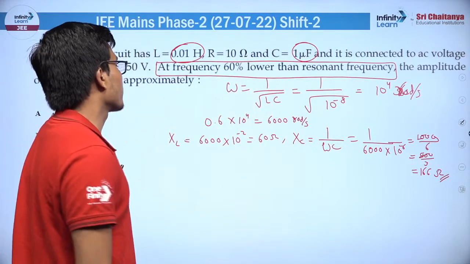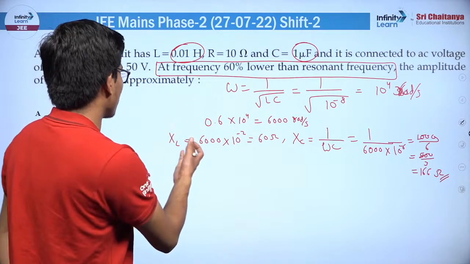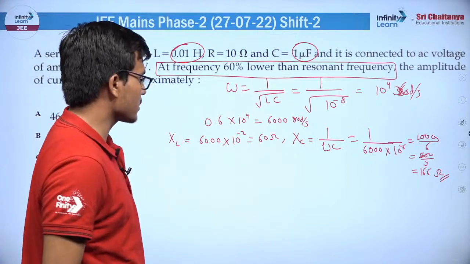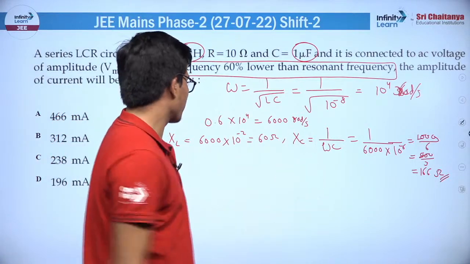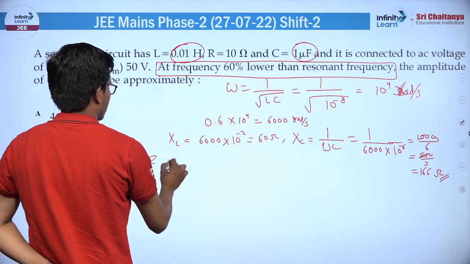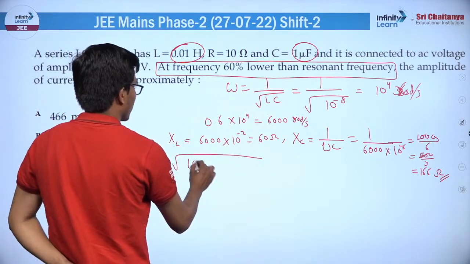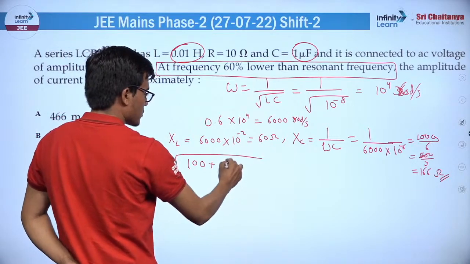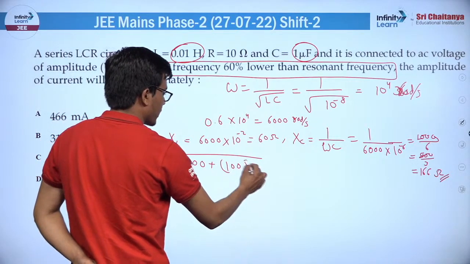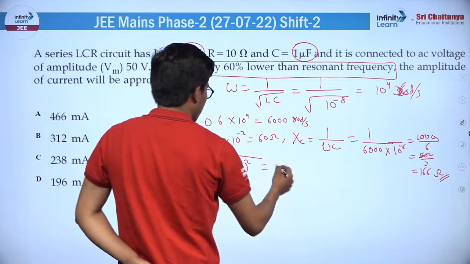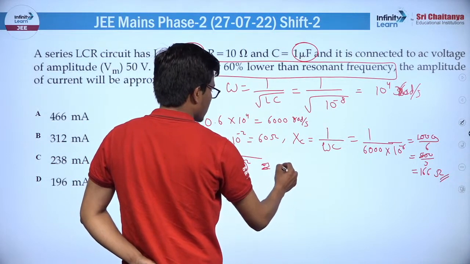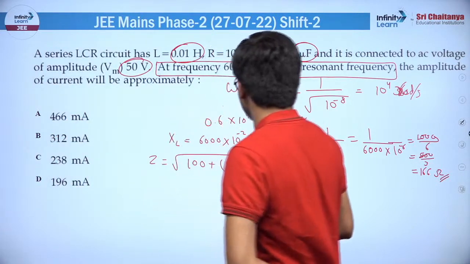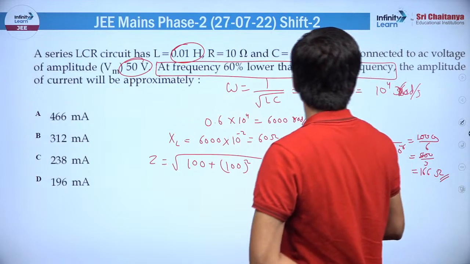I hope we are not making any calculation mistake here. 6000 was the omega, alright, and C is 10 to the power minus 6, so it is 10 to the power 3, yeah. So this is XC, this is XL, so what we can do is root of R square plus XL minus XC whole square. If we subtract this, we will again have approximately 100, its square is 10,000, so its answer will also be approximately 100, right. So if you divide this by this, you will get the approximate current value.